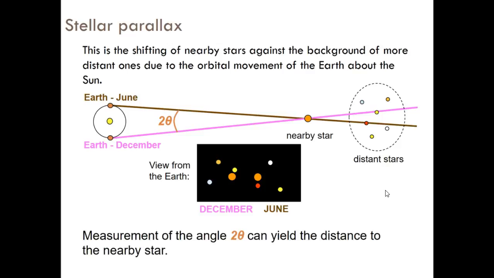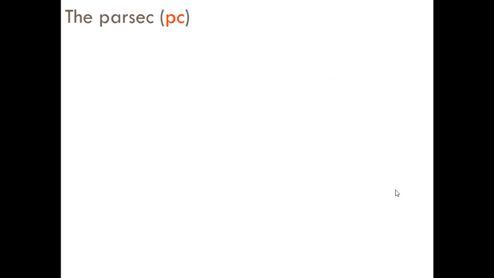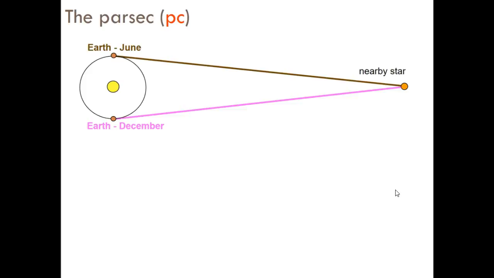And what we can do is measure this angle here by taking these measurements of where this star appears to be in the sky. And this angle is the one that we then use to calculate how far away it appears to have moved. So if we go back to thinking about it as being a parsec, we use a bit of trig.